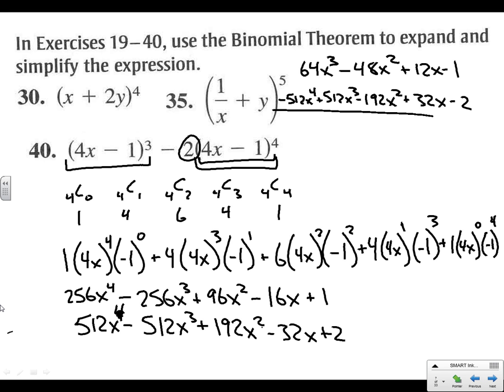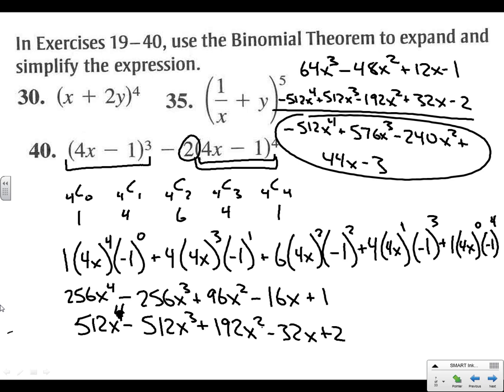So we're going straight down. We're going to end up with negative 512x to the 4th, plus 576x cubed, minus 192 plus 48, 240x squared, plus 44x minus 3. A lot of work on that one, but we get to that final answer.